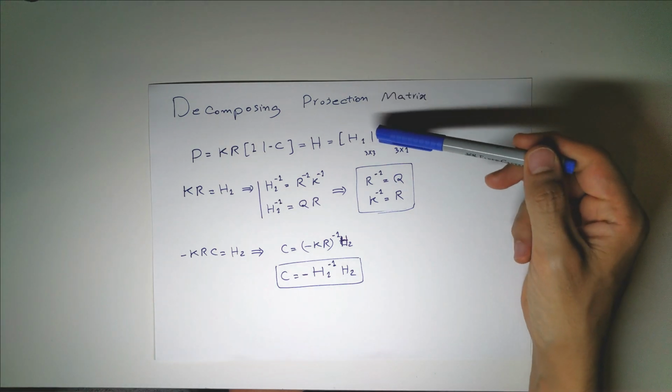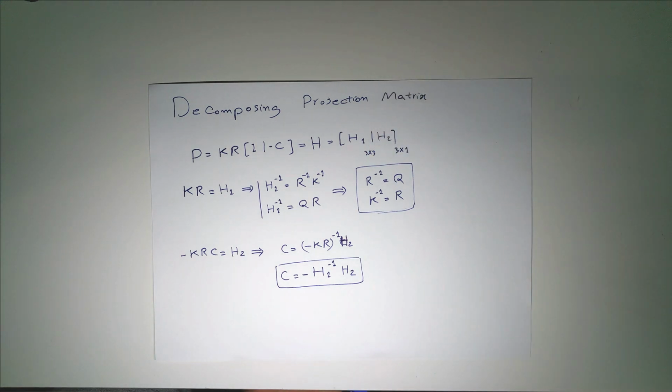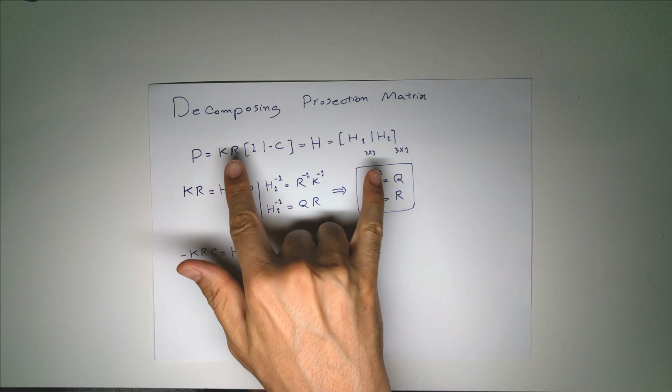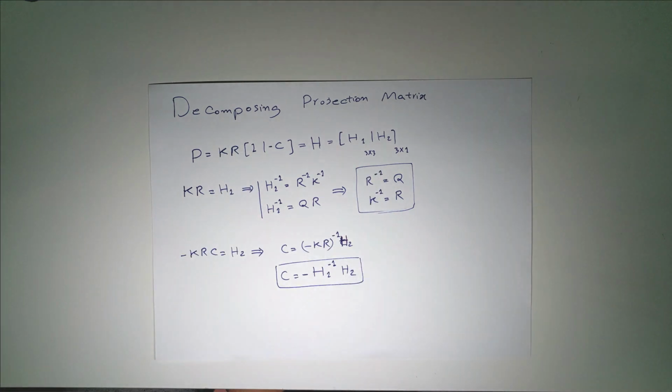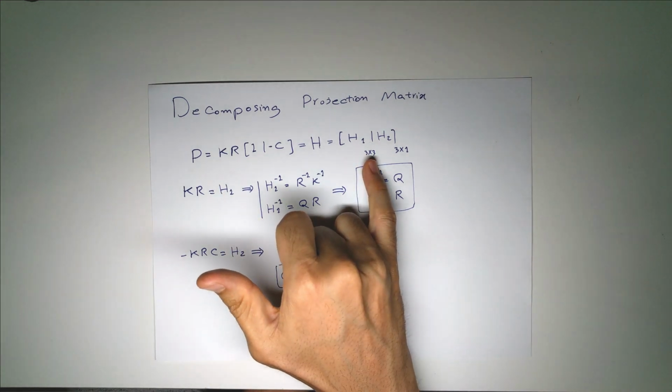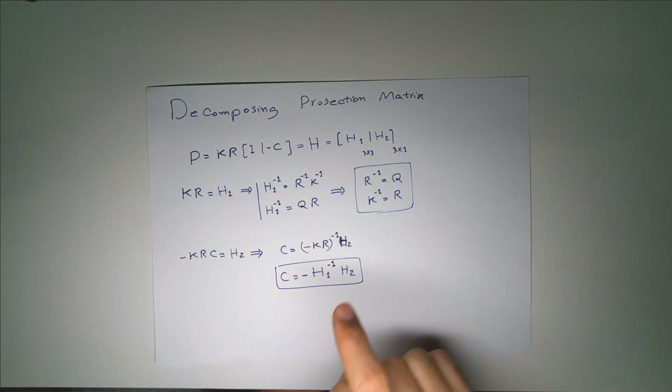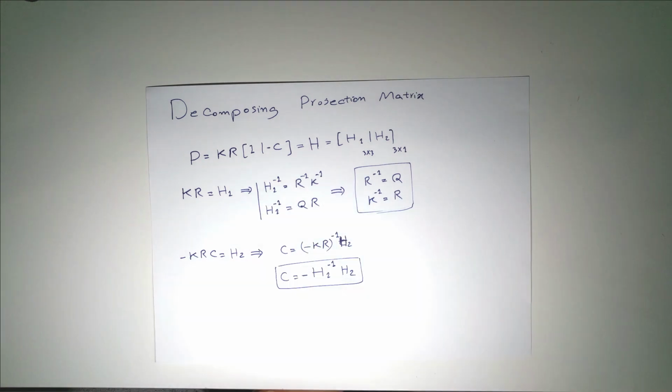I can see it as 2 matrices, one 3 by 3 and one 3 by 1, one column. Because these 2 matrices are equal, every element of them should be equal. So this 3 by 3 part should be equal to the 3 by 3 part here, and the 3 by 1 should be equal to the 3 by 1 on the other side.